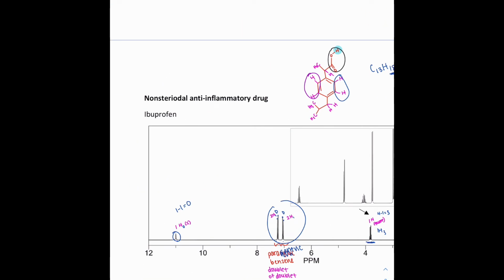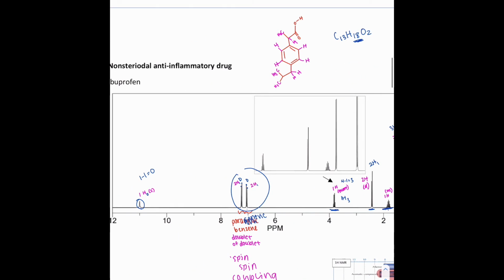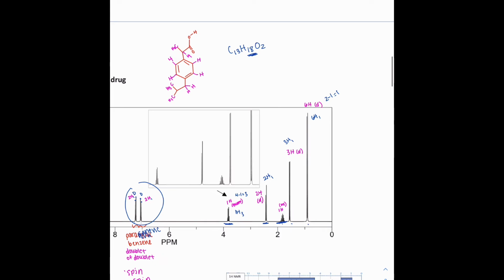So we determined those, and I'm just going to erase this to make things a little easier to look at. Alright, so we did those. We did that para-substituted benzene and the carboxylic acid, which are major components in ibuprofen, and now we can go back to the more upfield signals.